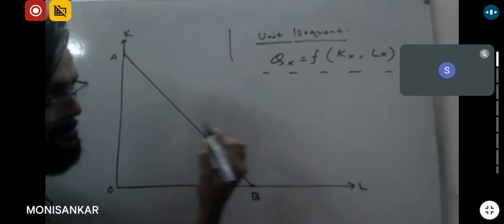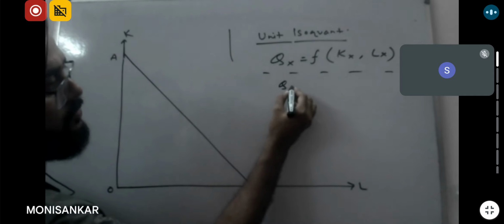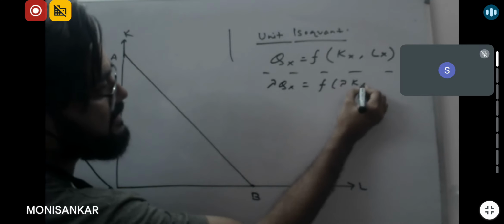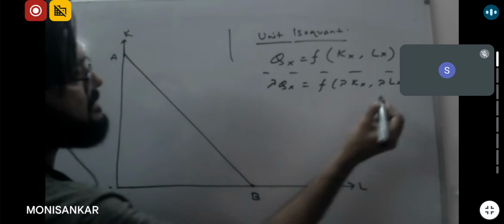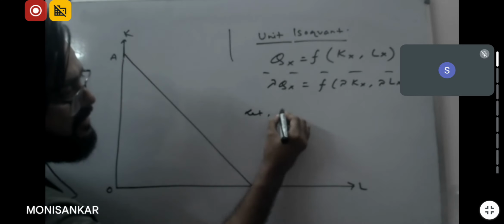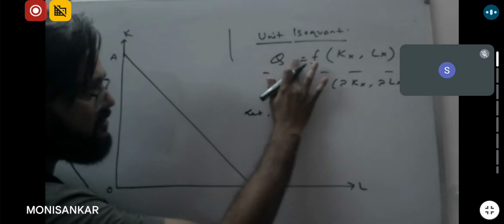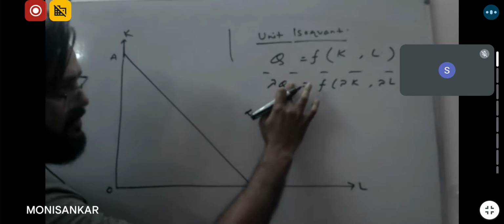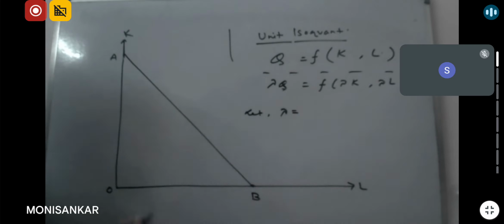Then homogeneity of degree 1. So qx is a function of lambda kx, lambda lx. This is homogeneous of degree 1, linearly homogeneous. Basically, in the Solow model, we divide both sides by L. This time, let lambda equal 1 by qx, applicable for x, y, any output.